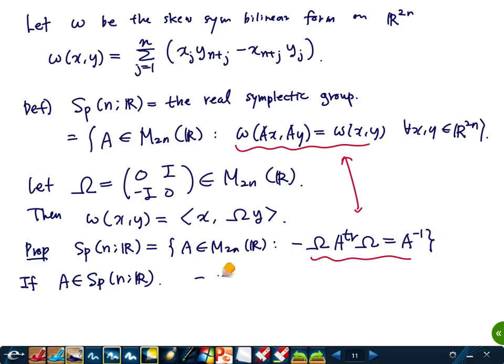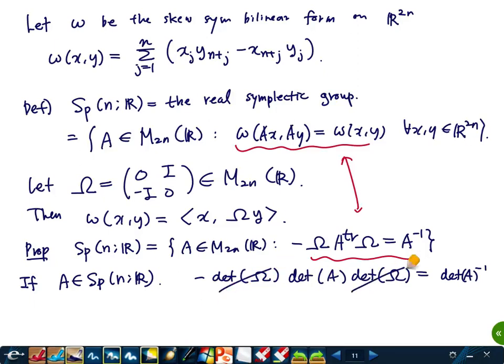Then minus the determinant of this, and the determinant of the transpose is the same as the determinant of itself. Determinant of Omega equals determinant of A inverse, which is the determinant of A, the whole thing inverse. But what is the determinant of Omega? It's not difficult. Plus or minus 1. Doesn't matter because we have two of them, so you can cancel this.